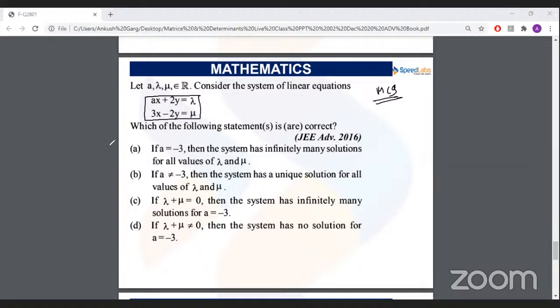I think you can answer this one. Solve this one, guys. I want answers from everyone.